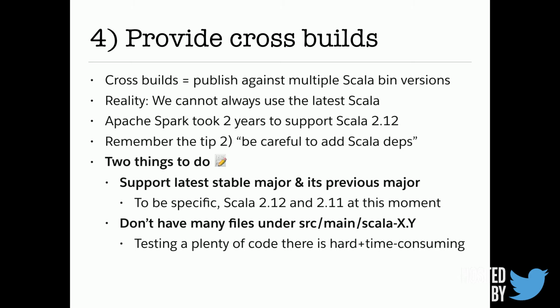Number 4, provide cross-builds. I also mentioned cross-builds in number 2, but I think cross-building is very important if you really want to work on the project for a long time and also support as many users as possible in different situations.